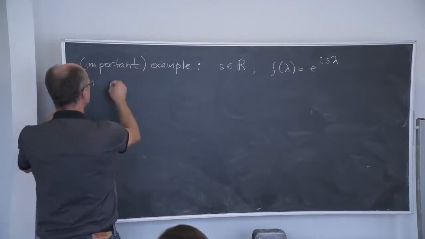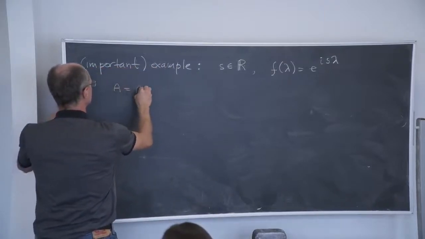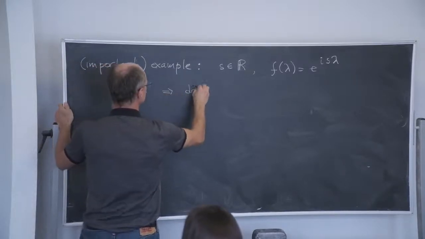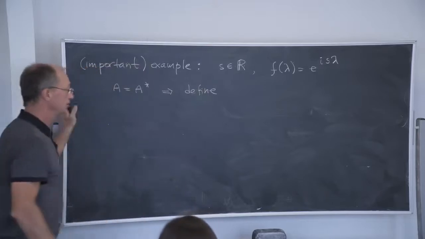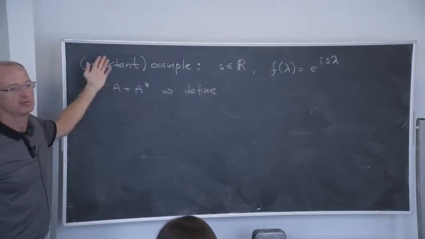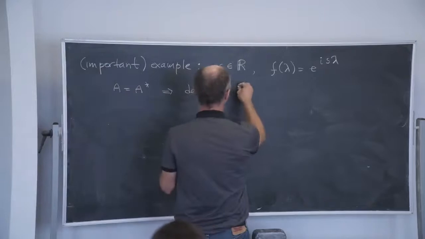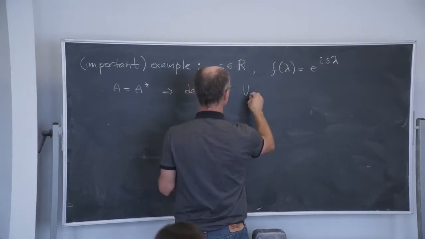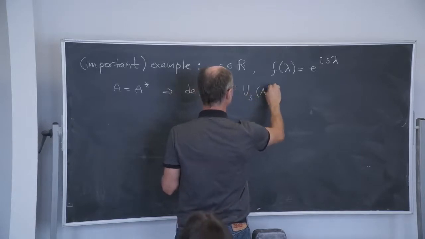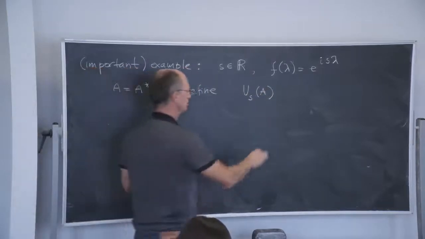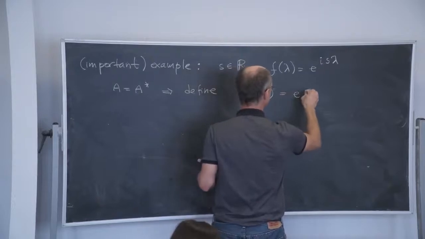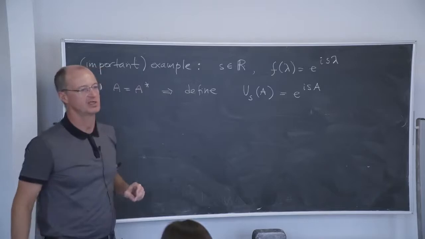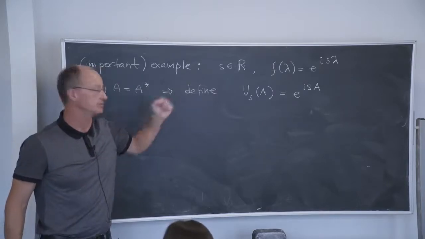So for every self-adjoint operator, this gives a definition of the whole family of self-adjoint operators. So there is maybe a special notation. Let me call it U_s of A. And this is simply the exponential of i s A in the sense of the functional calculus.